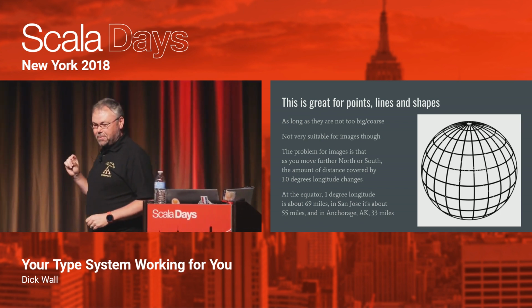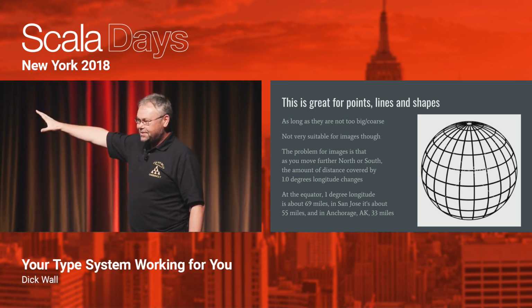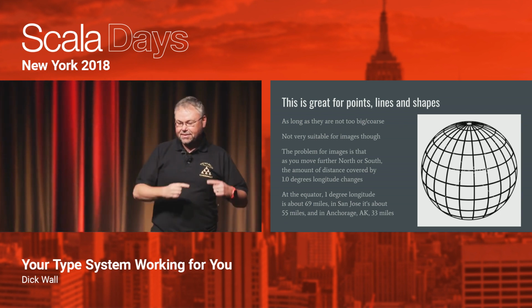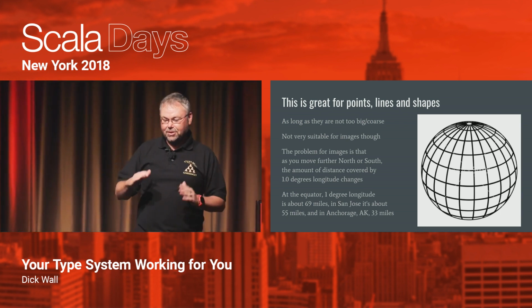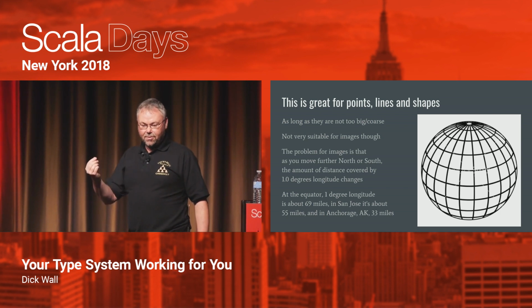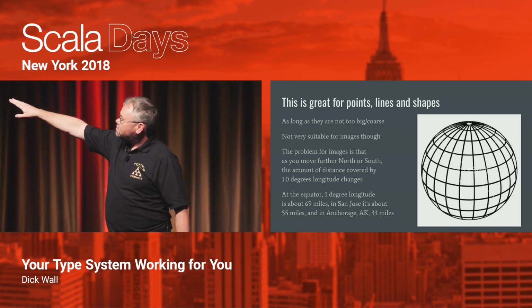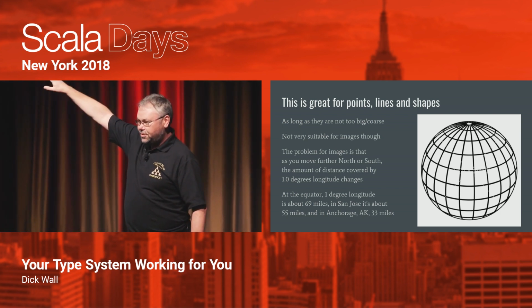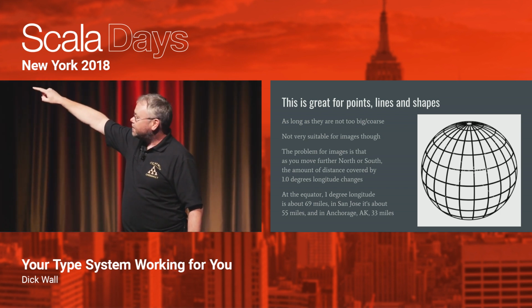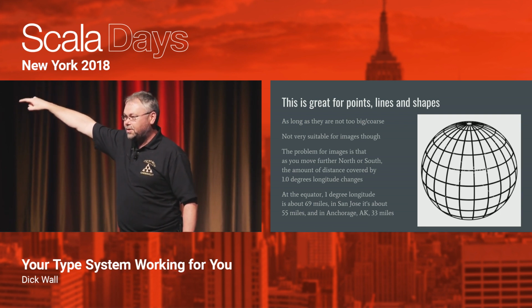But the real problem with it is all of those things I showed you at the beginning are what we tend to deal with in computers, which is raster data, and that is two-dimensional, and it assumes things like equal area pixels. And if you look at this, you'll see that as you move in latitude, which is the y dimension, the longitude angles cover less ground as you approach the poles.